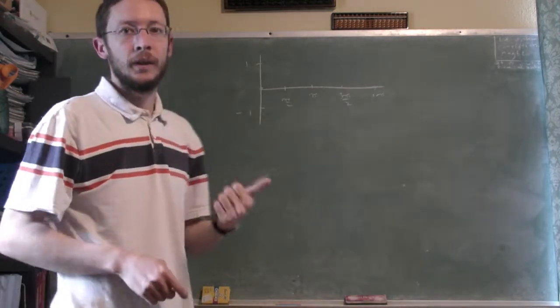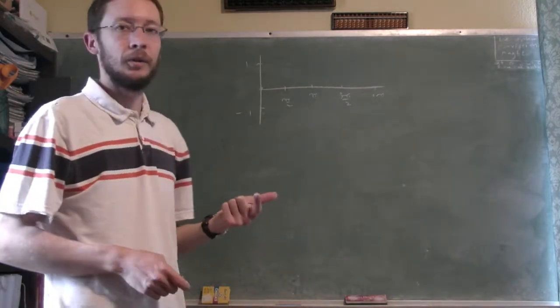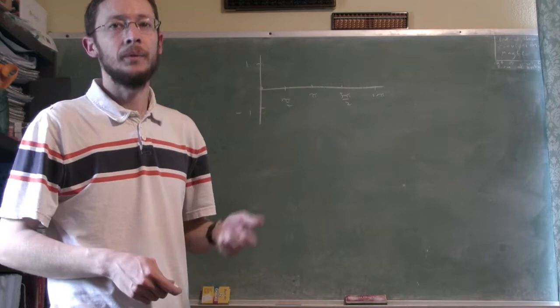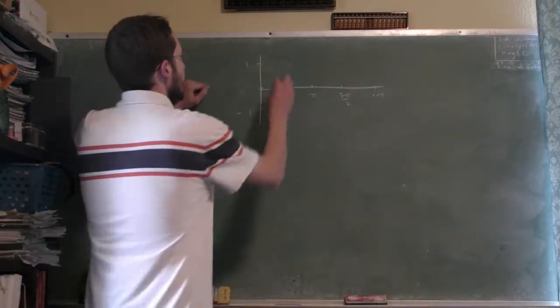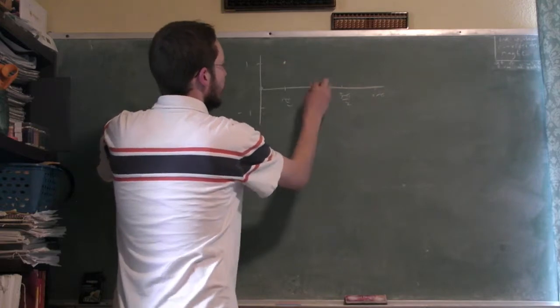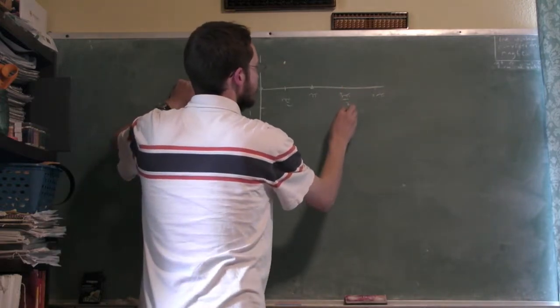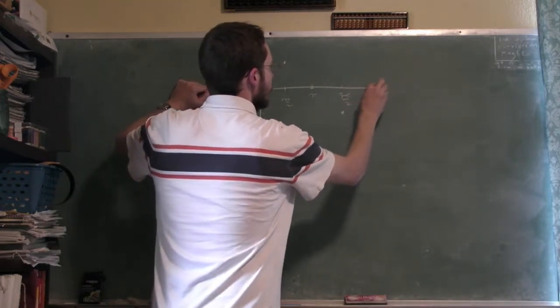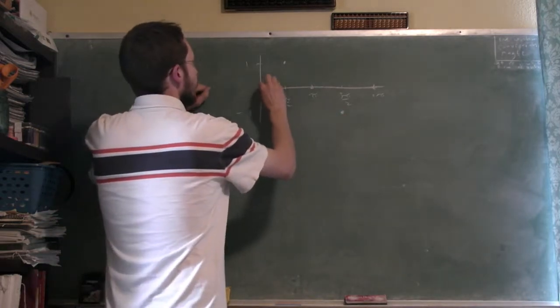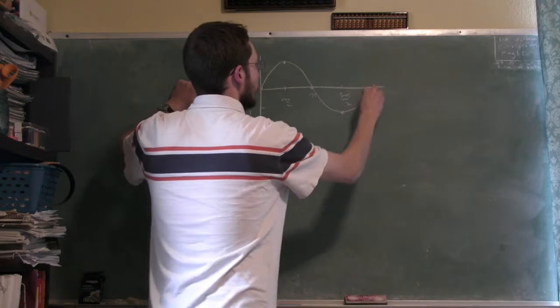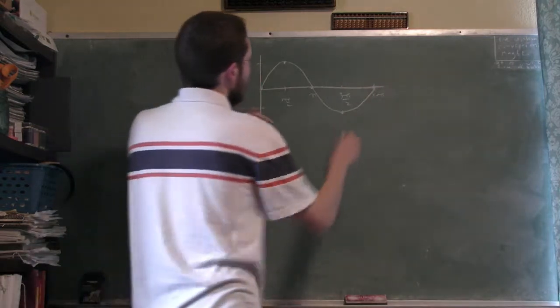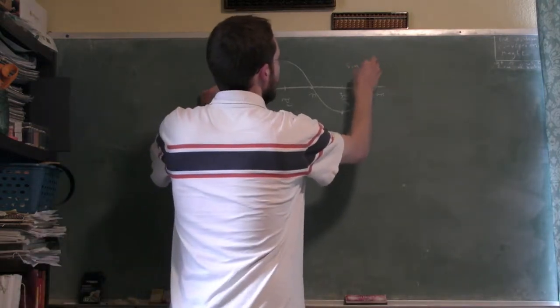And as long as you know that sine of 0 is 0, sine pi over 2 is 1, sine pi is 0, sine 3 pi over 2 is negative 1, and sine 2 pi is 0, then you know the whole graph. You just plot these points and connect the dots.